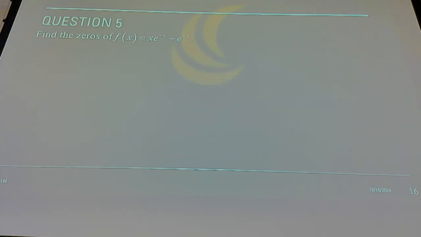How do you find zeros of the function? So how would you find the zeros of this function? And then do what? How do you want to proceed?